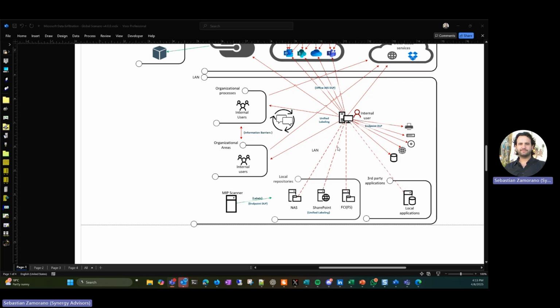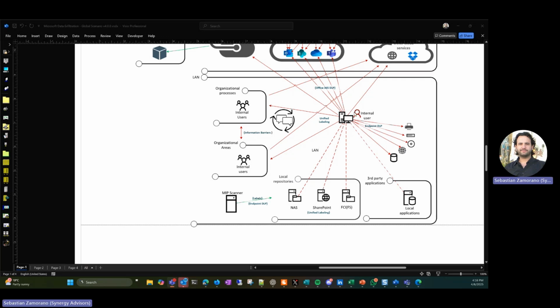The same user can access several local repositories. And we know that here we can find a real Pandora's box, because not all the time the information is stored in the right place, in the right path. We can have duplicate files and several versions of the same file.